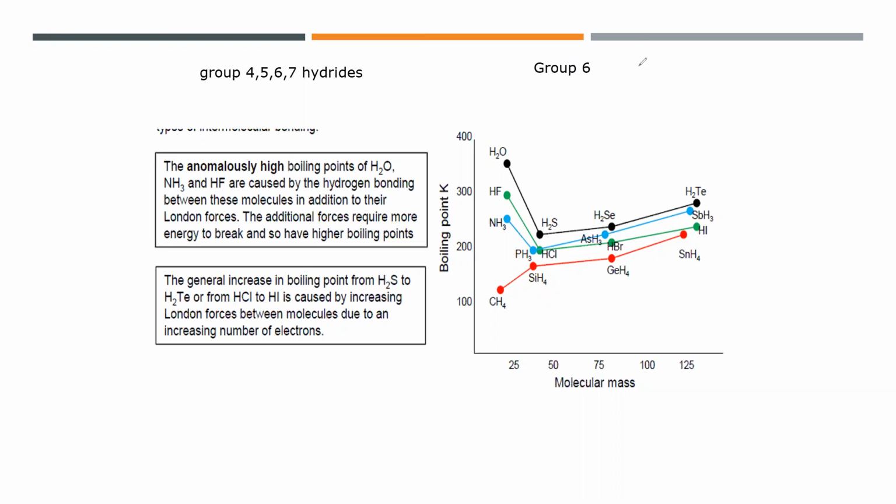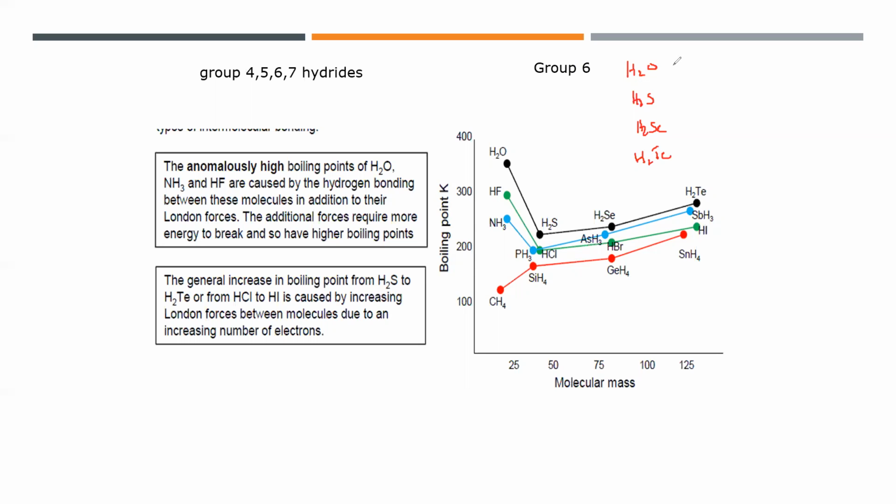As we go down the group, oxygen is there, below oxygen it is sulfur, and below sulfur it is selenium. So we have H2O, H2S, H2Se, and H2Te.